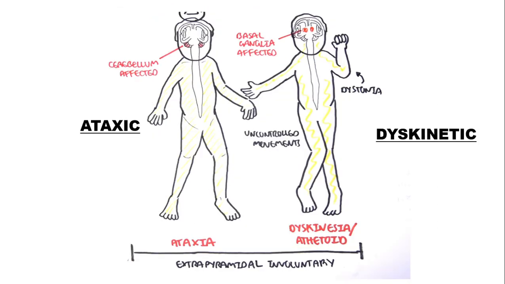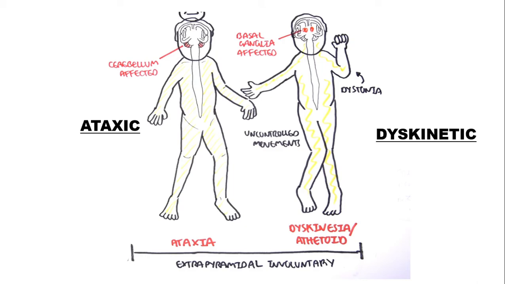Next is extrapyramidal cerebral palsy, which involves damage to the basal ganglia and also the cerebellum. In ataxic cerebral palsy, the whole body is affected. The cerebellum is an important part of the brain that functions for balance, posture, and coordination.